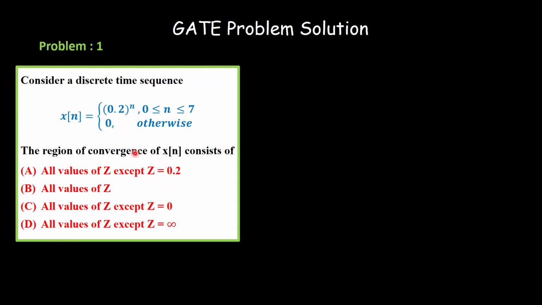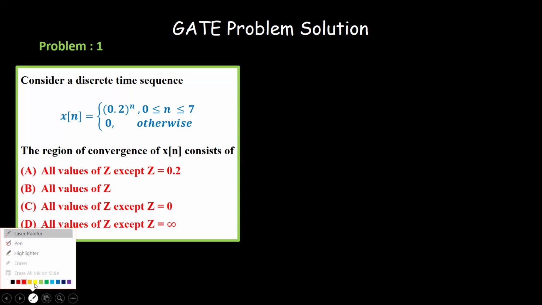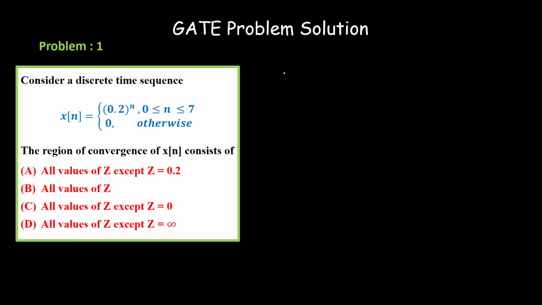Okay, so I will write the sequence. This is the given sequence, x of n equal to 0.2 power n for 0 to 7. So 0 to 7 is a finite sequence, 0 otherwise.